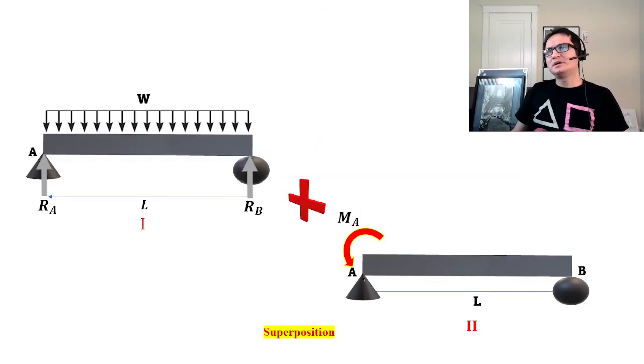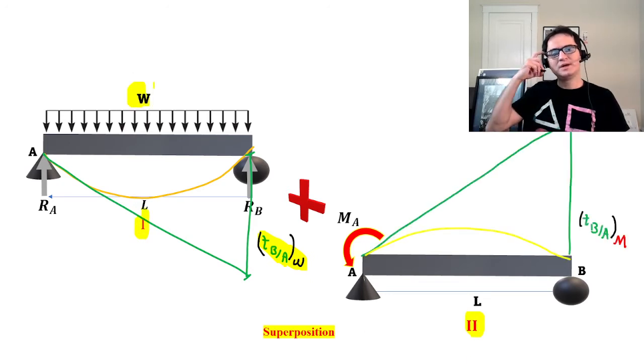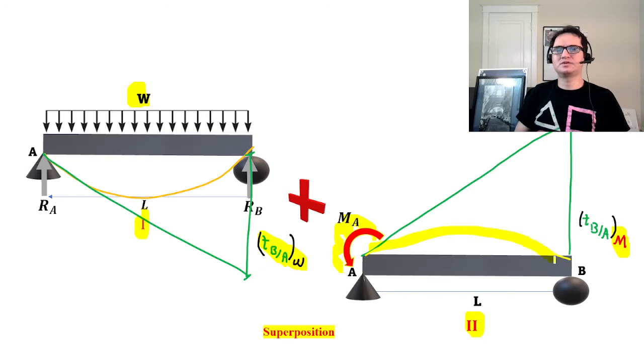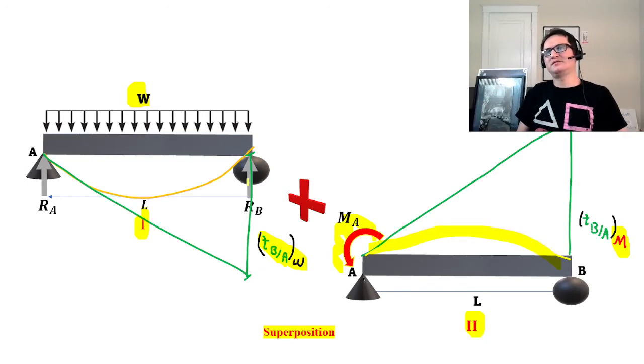And then, with the effect of superposition, if you want to draw the tangential deviation of B with respect to A, it goes to two scenarios. The first one is for the effect of W, and the other is the effect of moment. The effect of moment creates a deflected beam like this, and the effect of W goes like this.